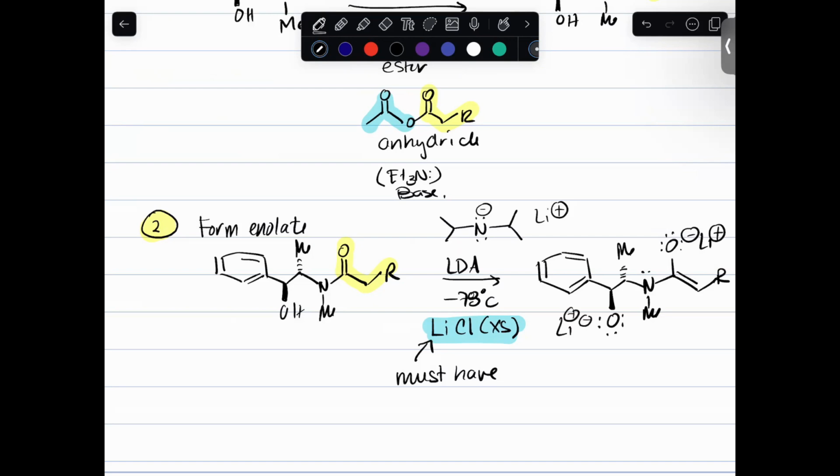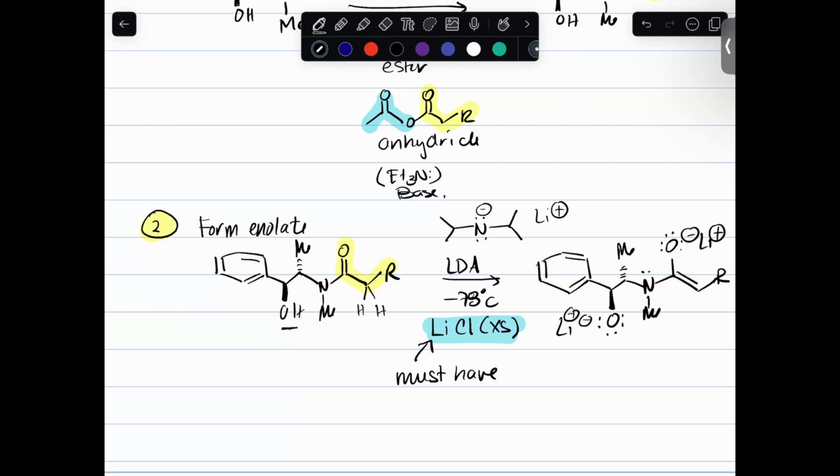Okay. So LDA deprotonates not only your alpha hydrogens, which are acidic, but it also deprotonates your alcohols, which you learned in Chem 24 and 124 are acidic as well, right? They're proton sources.